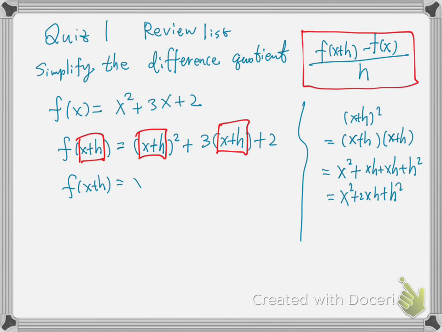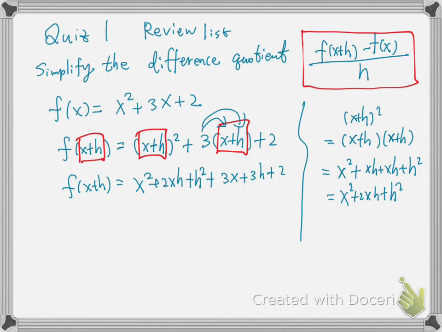This is x squared plus 2xh plus h squared plus, now 3 times x, 3 times h, distribution, 3x plus 3h plus 2. So now we can simplify the difference quotient. Remember, every term without h will be cancelled, and then it is divisible by h.